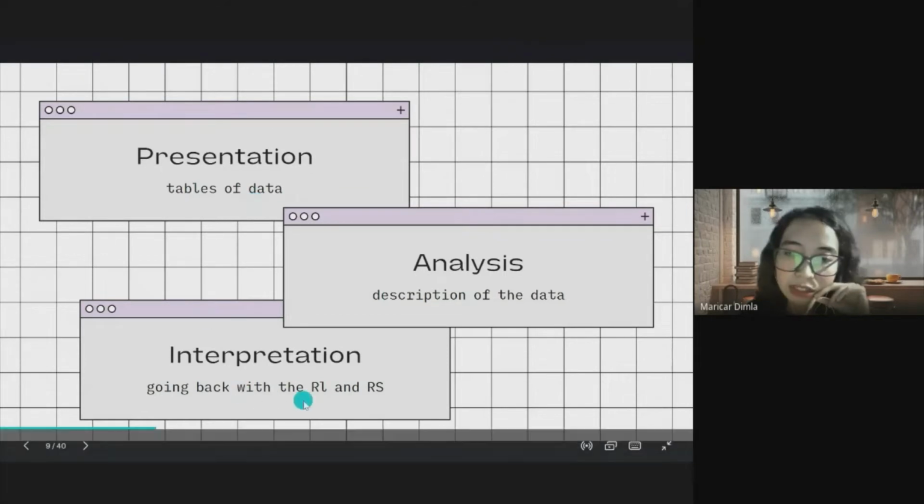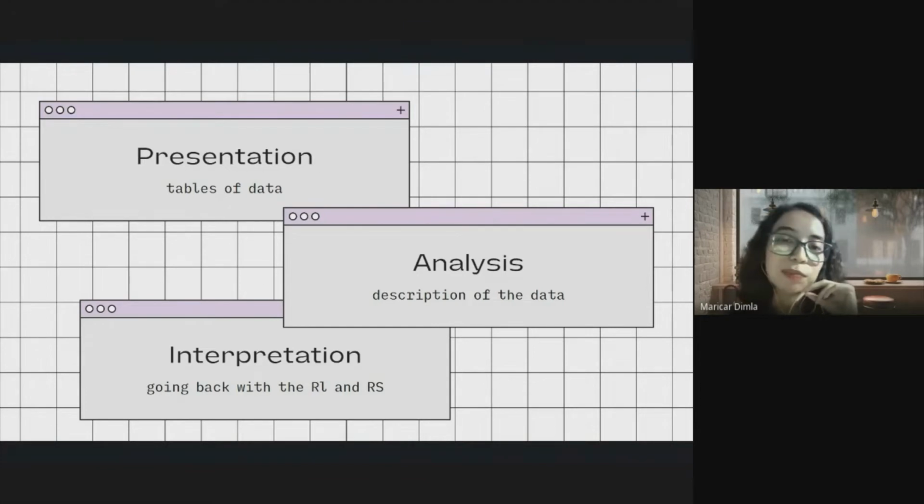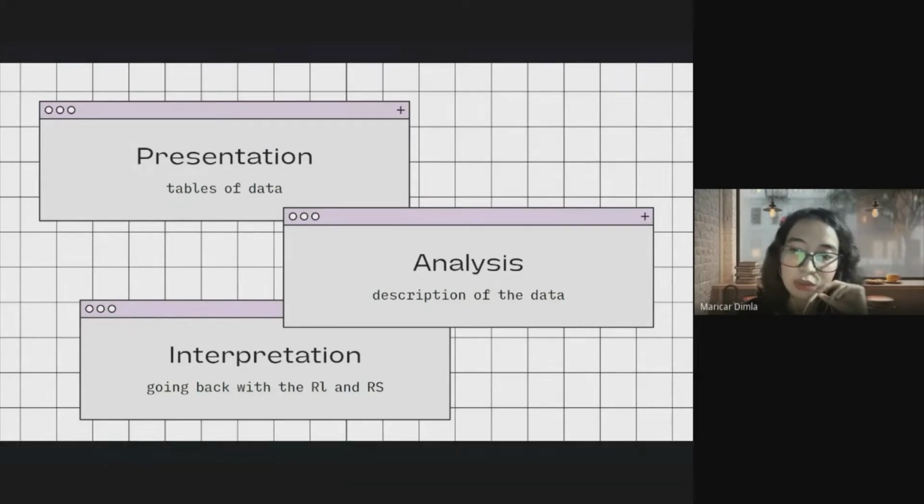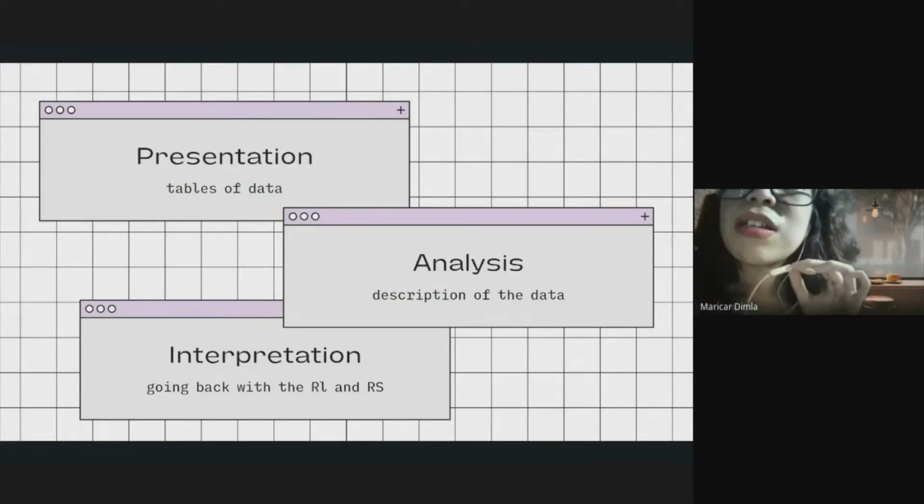And then class, interpretation, here it is. Everyone thought, Ma'am Tang, we struggled to look for RL and RS, but it turns out they can't be used. No! Your RL and RS on your chapter 2 play a big role, class, in writing the interpretation of your tables. Because class, on the interpretation part, you need to go back for you to be able to write the interpretation of your study. So maybe you can't relate yet, and we don't understand what Ma'am Tang is saying.